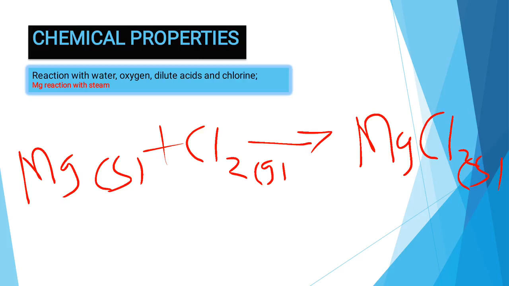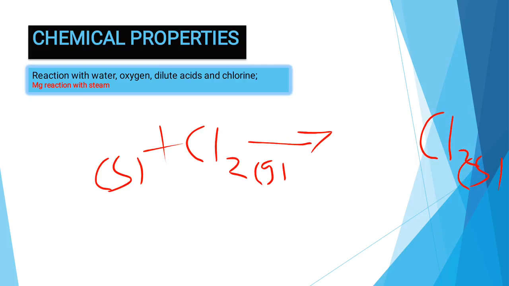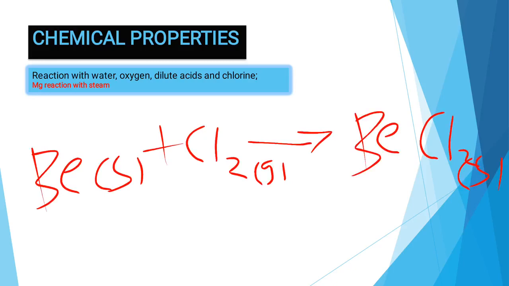I hope that you just replaced magnesium, so that now we have barium and barium, and the equation is already balanced. We now have barium reacting with chlorine to form barium chloride, and this is now our salt. You can mark it correct if you got it.